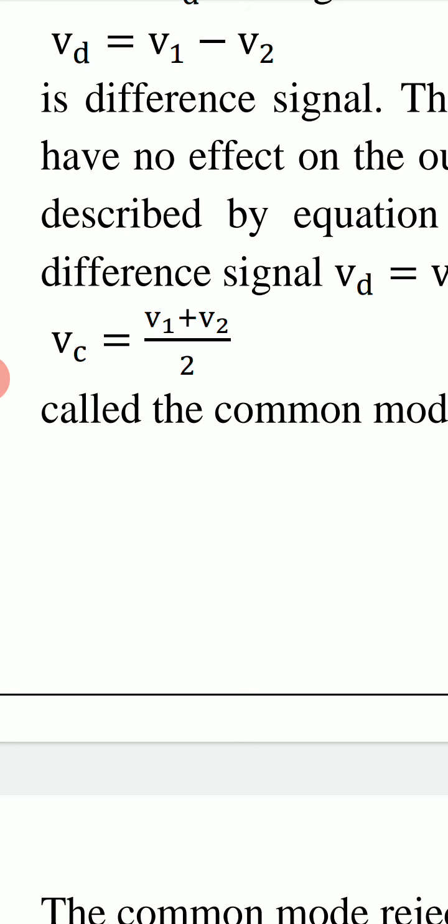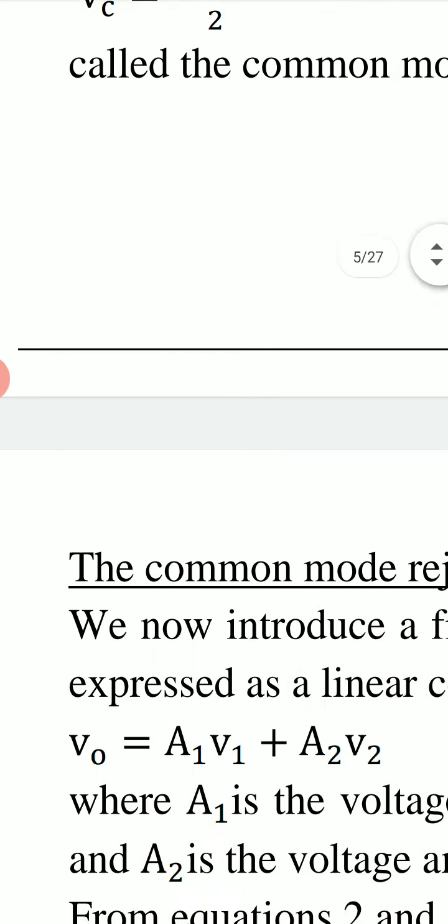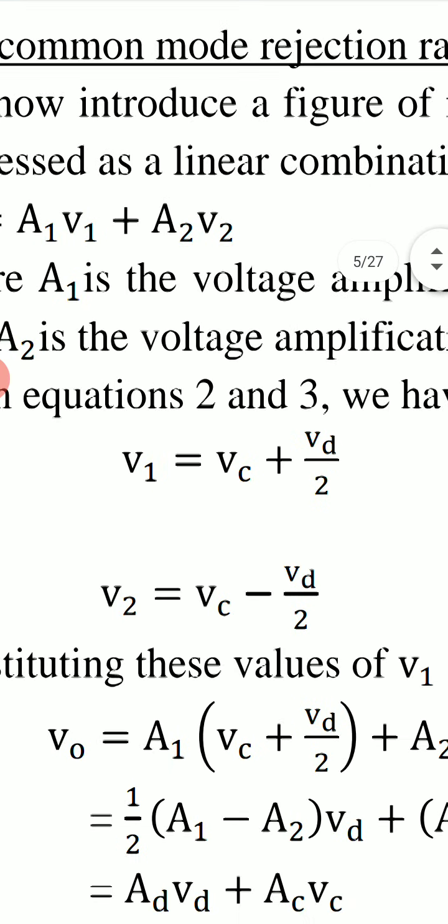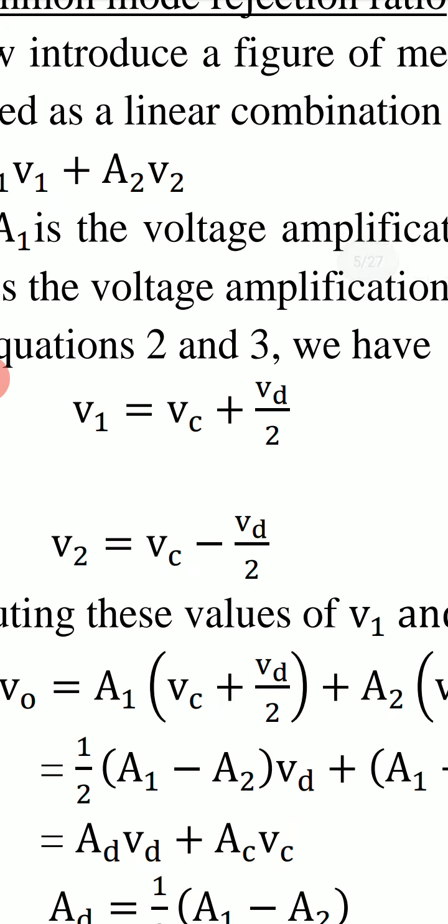By solving these two equations, we get V1 equal to Vc plus Vd upon 2 and V2 equal to Vc minus Vd upon 2. So we can write the values of V1 and V2 in terms of Vc and Vd. Vc is the common mode signal and Vd is the difference signal.